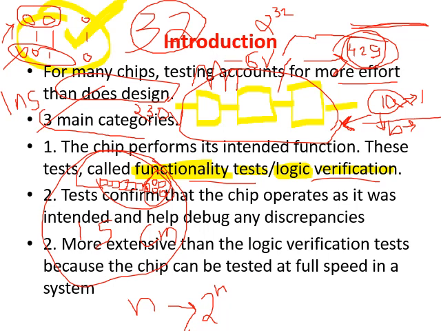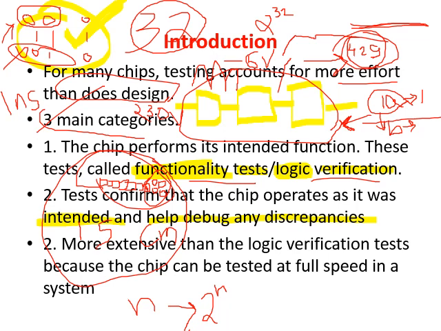The second type of test will confirm that the chip operates as it was intended, that is functionality itself, and in addition to that, it will help to debug any discrepancies, or if there are any errors, then we can try to debug them.